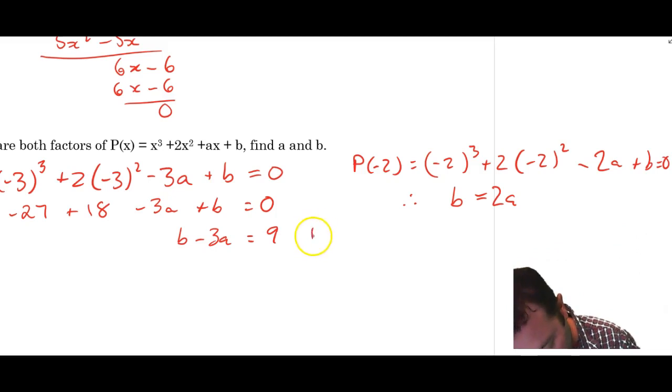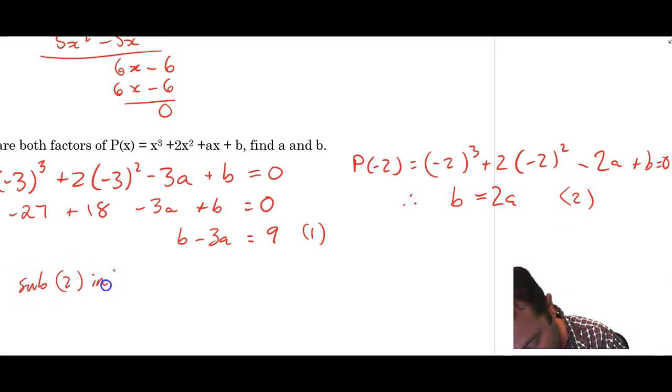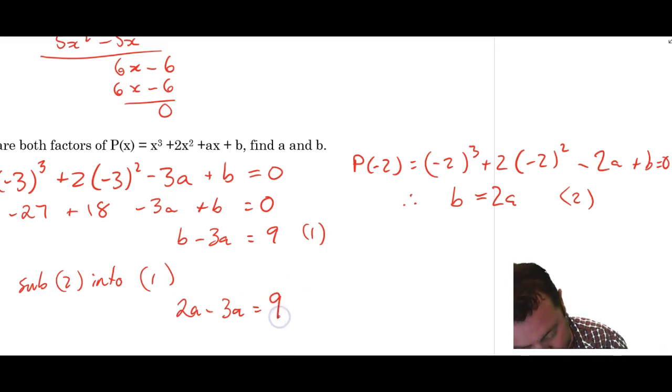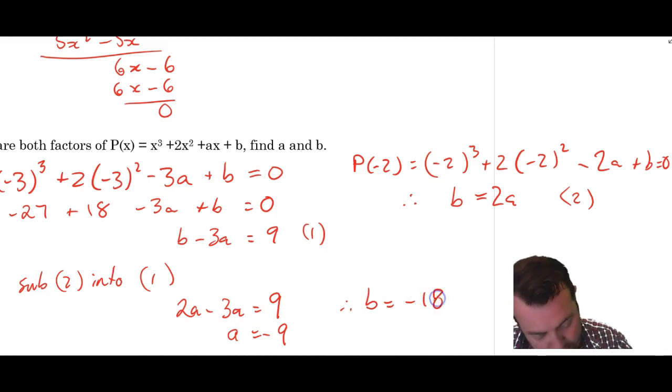I'm going to call this equation 1. I'm going to call this equation 2, and I'm going to use the substitution method. Sub 2 into 1, and that tells me that 2a minus 3a equals 9, which means that a equals negative 9, which means that b equals negative 18.